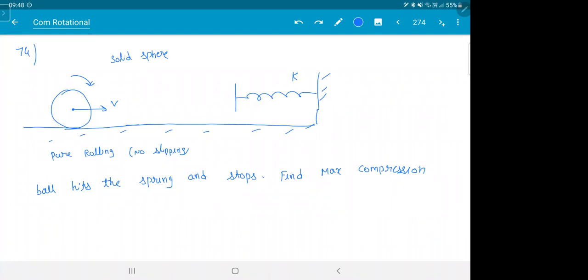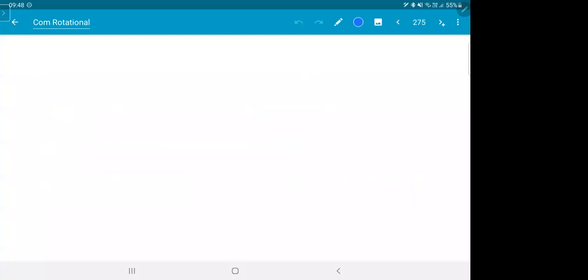Let's see. Meaning easy only, it is conservation of energy basically. See, initially the ball is going with v, omega. So this is state 1. So what is the initial energy?